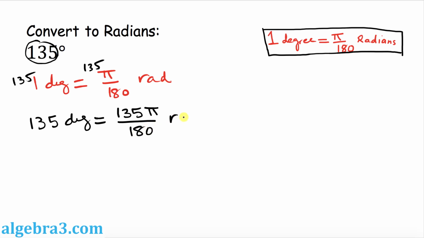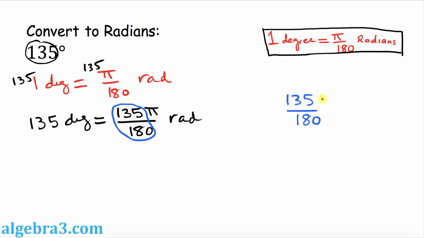and this can be written as 135 pi over 180 radians. Now, the next step is, once again, I want you to go ahead and reduce this one over here, 135 divided by 180.